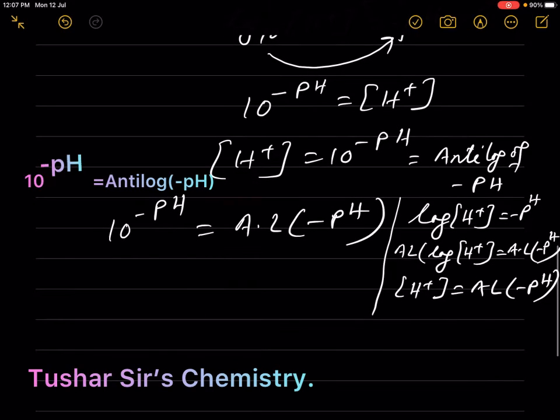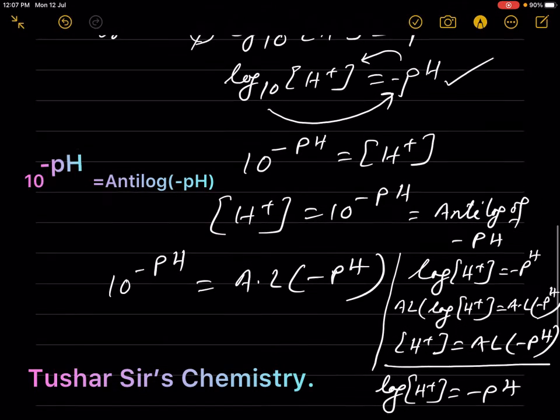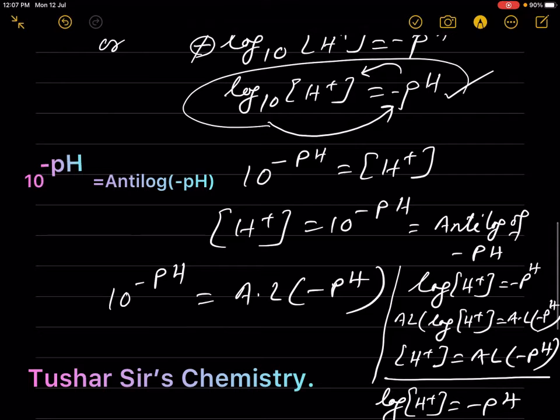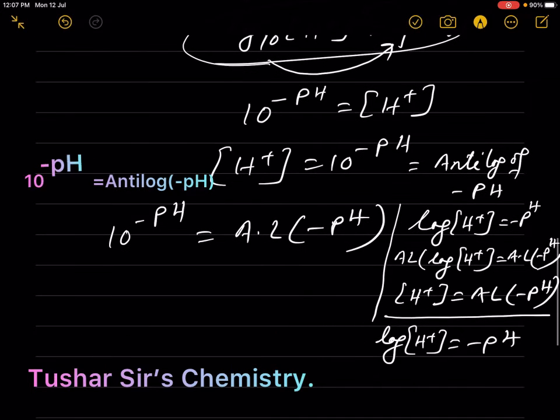Let me repeat: log H plus ion concentration is equal to minus pH. Taking anti-log on both sides, anti-log of minus pH.